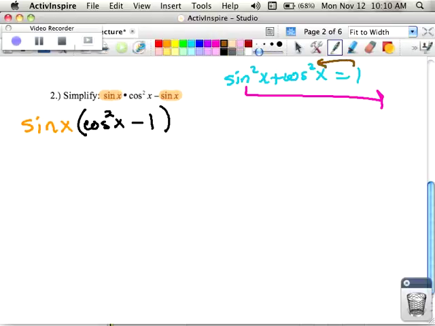If I move the pink thing, the sine squared, to the right-hand side, it becomes negative sine squared x. With me? Yeah. Then, if I move the 1 to the left-hand side, it becomes negative 1. And I still have my cosine squared of x.